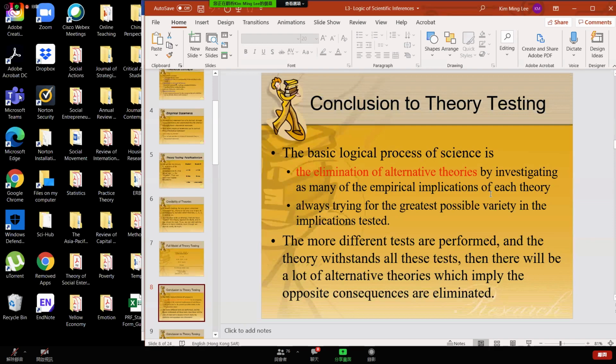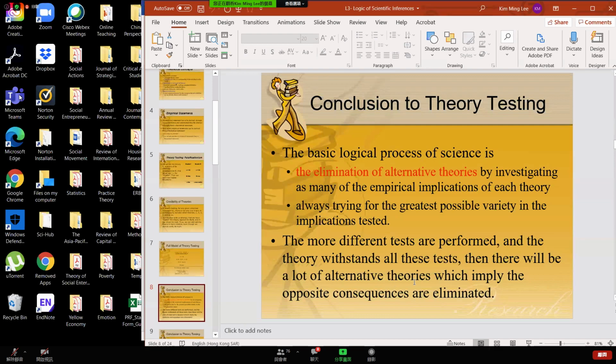Why can it become more and more credible? Because we have eliminated a lot of alternative theories. So always try for the greatest possible variety in the implication testing. Okay, the more different tests are performed, and the theory withstands all these tests, that means all these empirical statements are shown to be true.